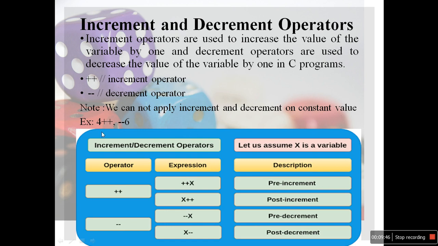Example, we cannot do 4++. We cannot do --6. If we want to do this, we have to assign these values into a variable. We apply increment and decrement operators on a variable, not on a constant.